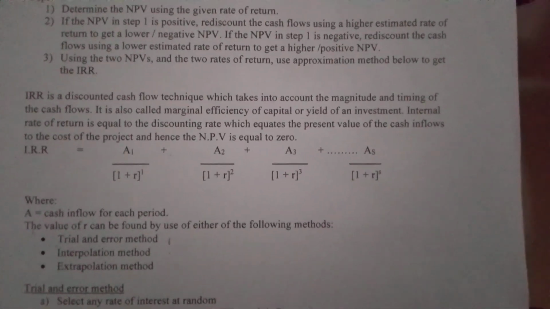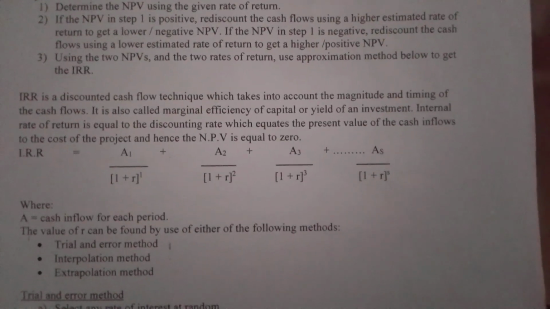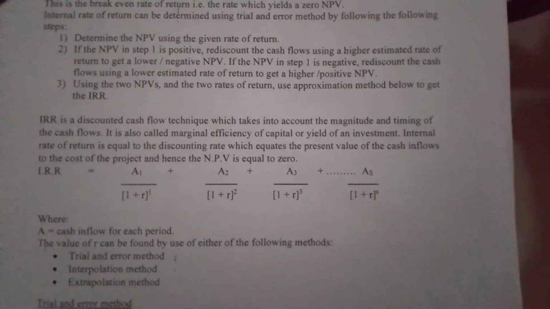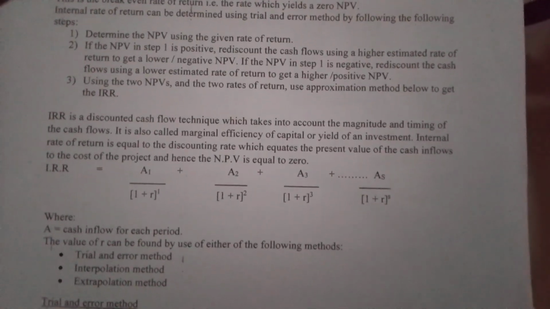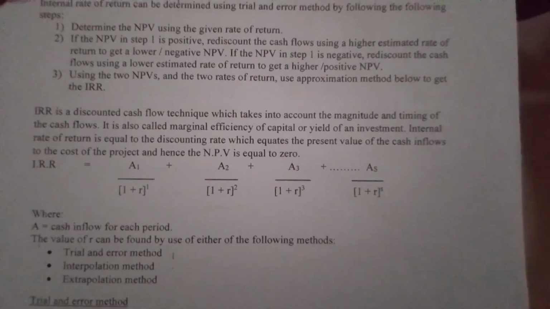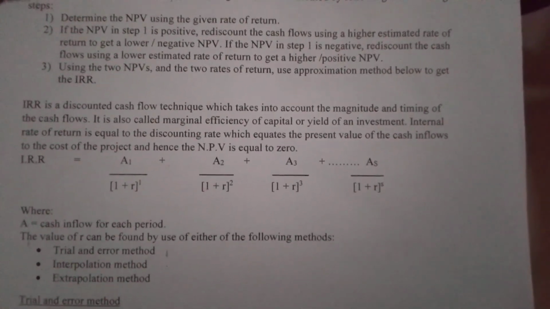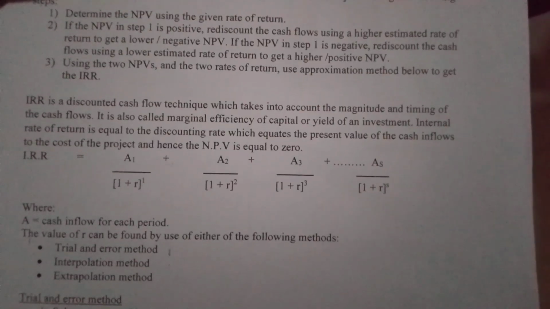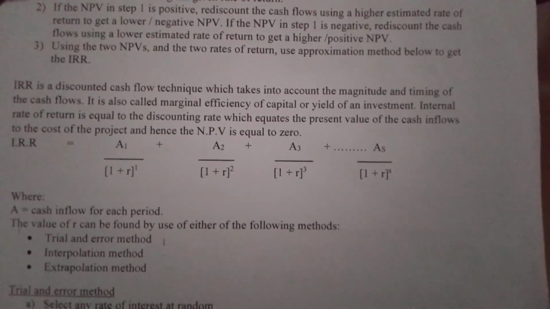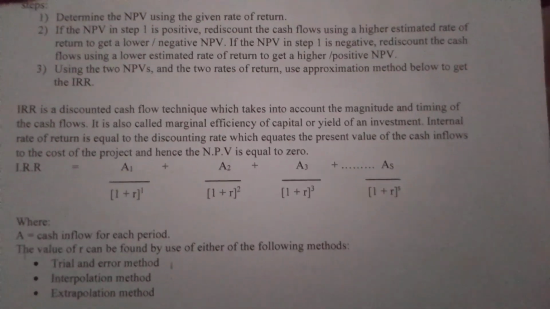If the net present value in step one is negative, rediscount the cash flows using a lower estimated rate of return to get a higher or positive net present value. Then step number three, using the two net present values and the two rates of return, use the approximation method below to get the internal rate of return.